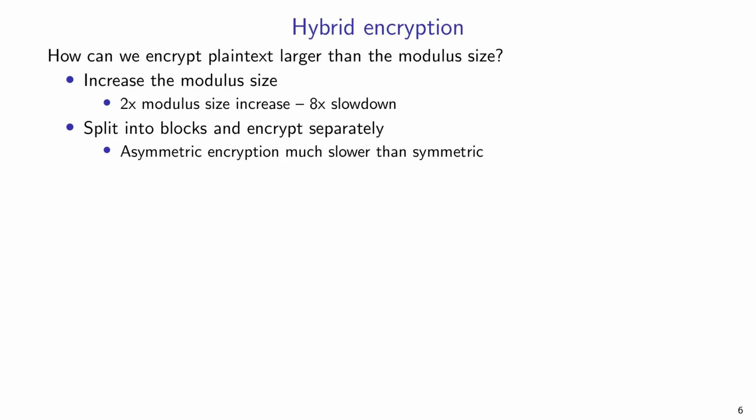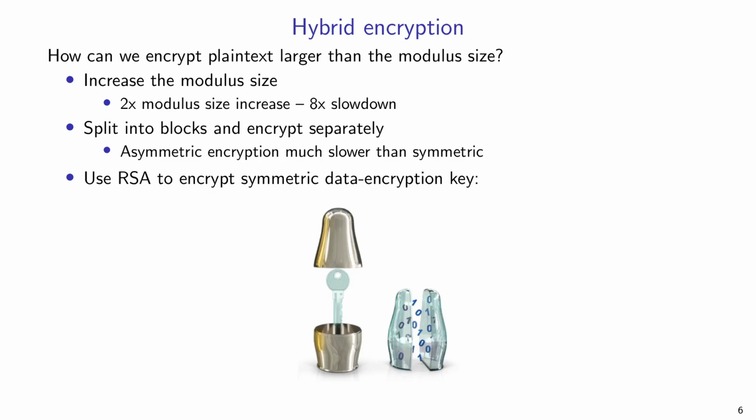The solution is to use the so-called hybrid encryption, where we use RSA to encrypt a random symmetric data encryption key, while the data itself will be encrypted with the symmetric encryption key, also known as a transport key. And here is an illustration.